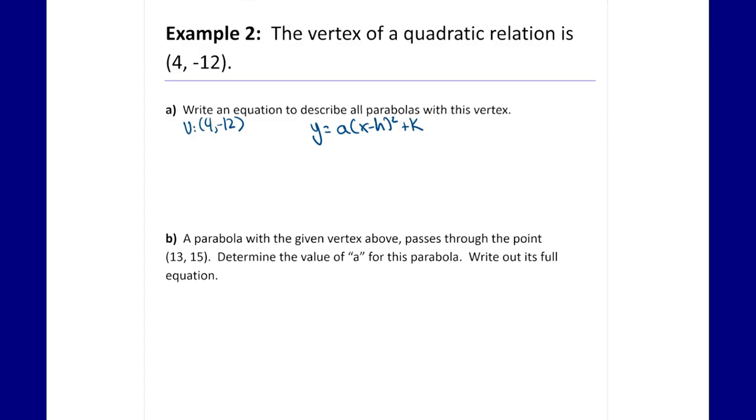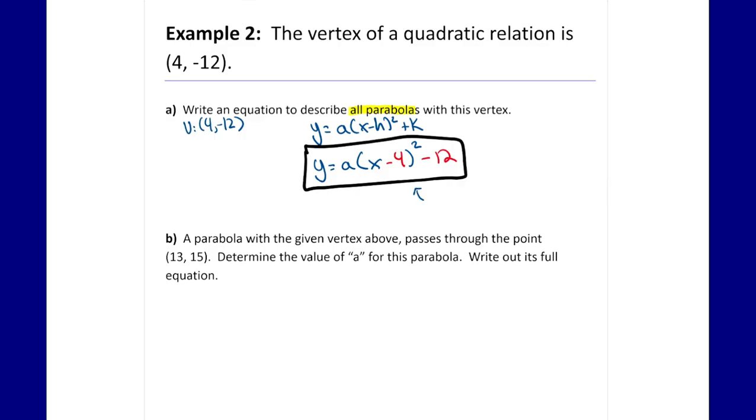Now, because I'm writing an equation to represent all parabolas with this vertex, all I'm going to fill out is my h, which will be 4, and my k, which would be -12. I'm not filling in the a value in this case, so my answer is going to be y equals a(x - 4)^2 - 12.